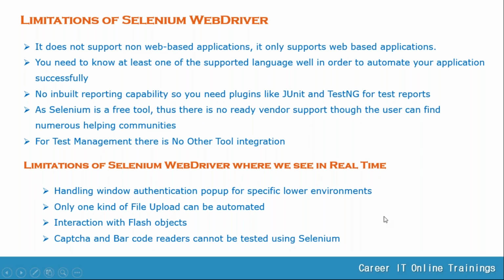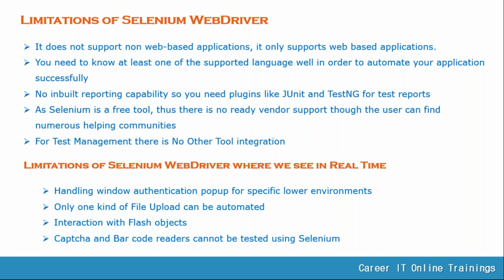Captcha, in the sense, suppose whenever you are logging into any particular site, for security purposes they keep a captcha, with some characters or alphanumeric characters or some images, and then they ask users to enter it and then log in. The main purpose of captchas and barcode readers in an application is to avoid automation.